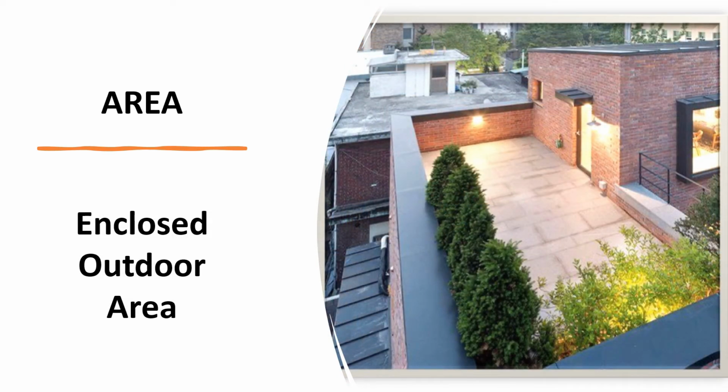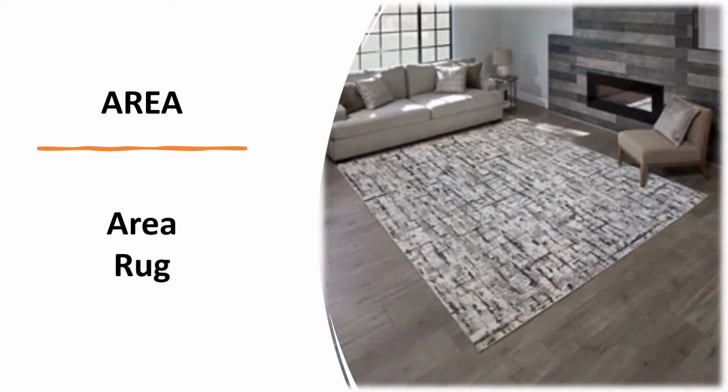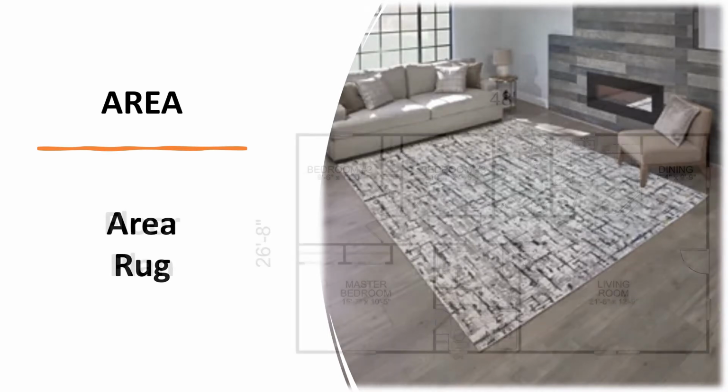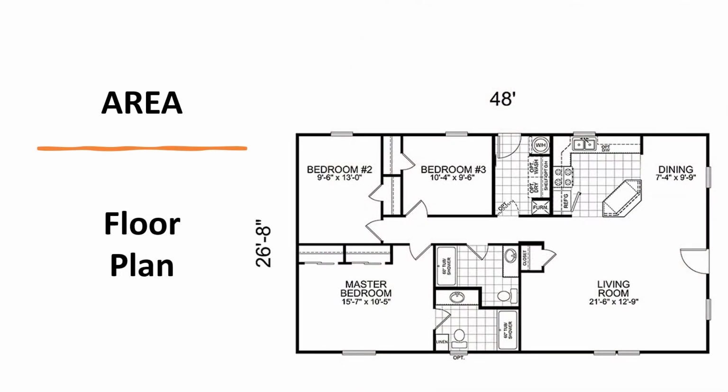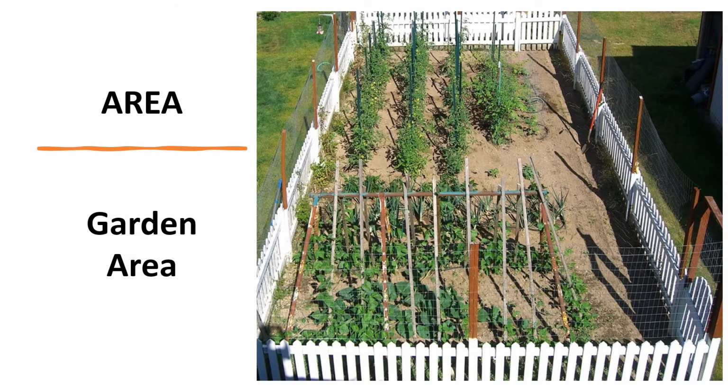Here you got an enclosed outdoor area. Here you got an area rug. This is a floor plan for a house. That's the living area. Here you got an area. It's a garden area.